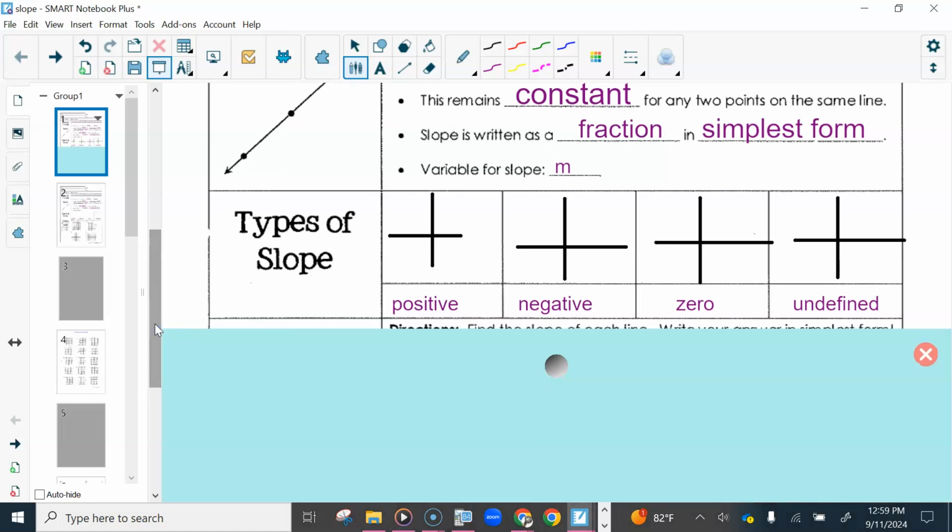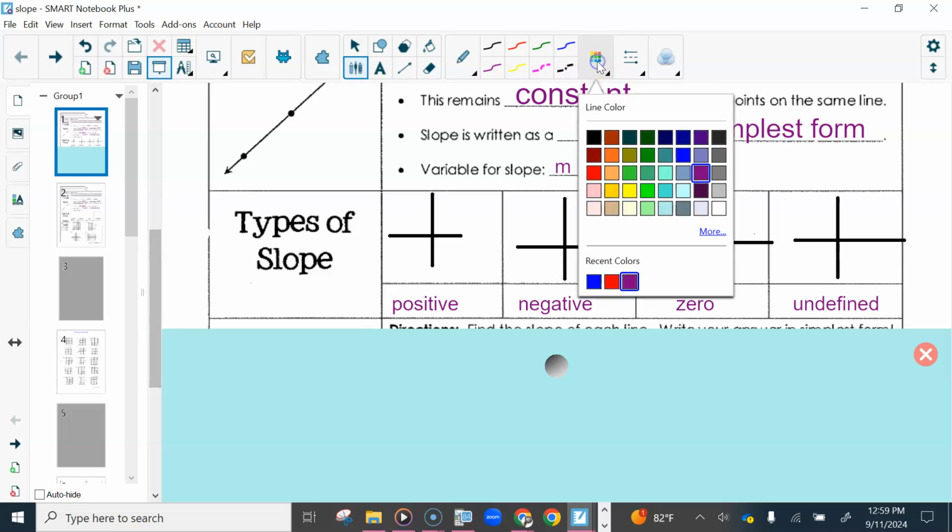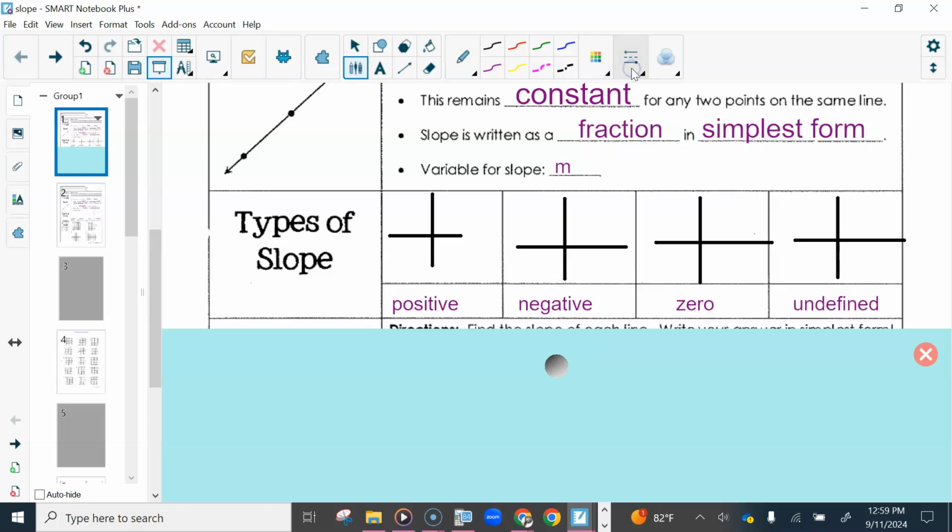So we're going to talk about what this looks like and how we could determine. So draw a line that looks like this. It doesn't have to be perfect. And when we talk about positive slopes, if we're looking at it left to right, we're looking at the rise, how far it goes up or down first.